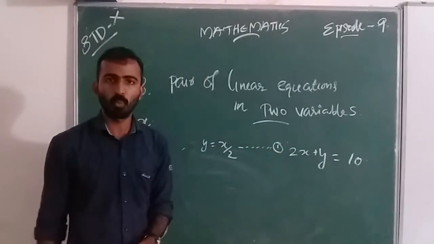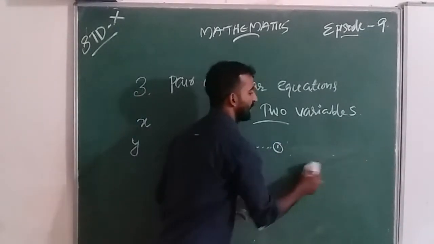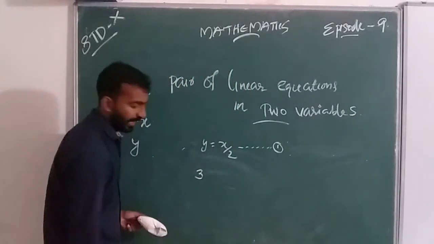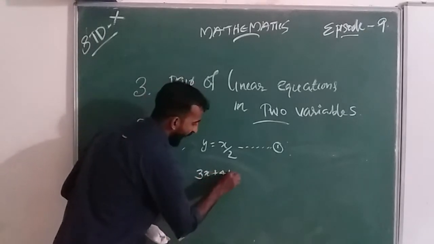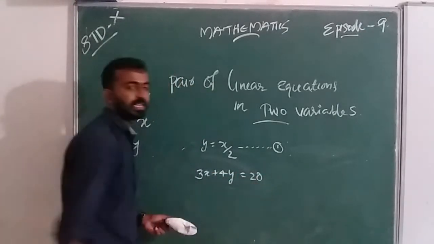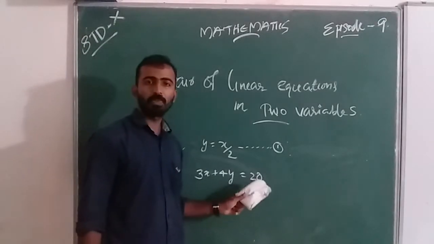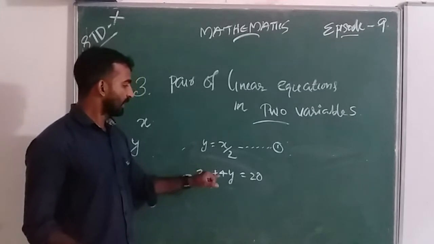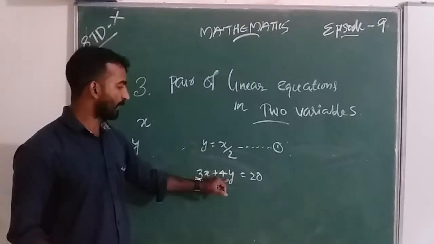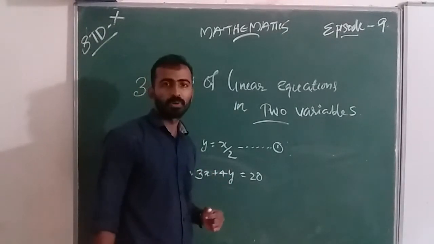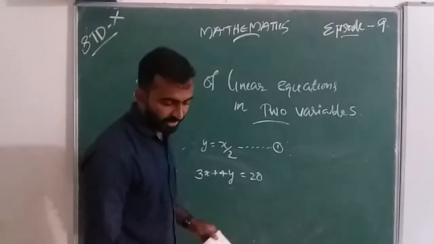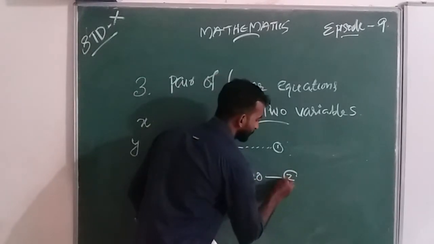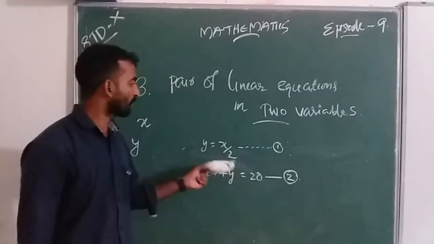Next is 3x plus 4y equal to 20. Here 20 is the money spent, 3 is the cost per ride on the giant wheel, and 4 is the cost per hoopla game. That is what we get. How can we solve it?